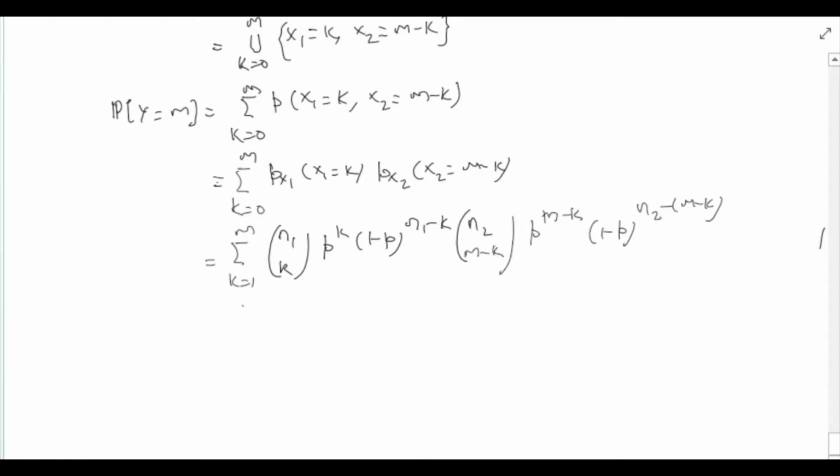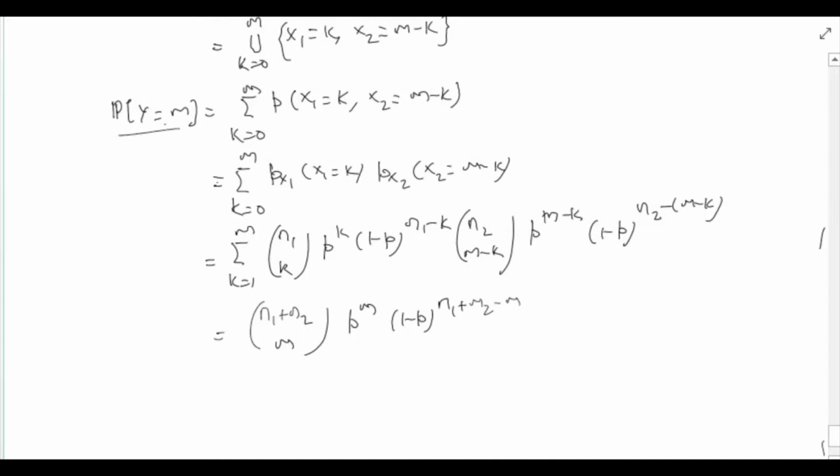In writing this, I assume that m is smaller than both n1 and n2, but similar calculation can be made for other values of m also. If we do the calculations correctly, the right hand side turns out to be n1 plus n2 choose m, p raised to m, 1 minus p raised to n1 plus n2 minus m.